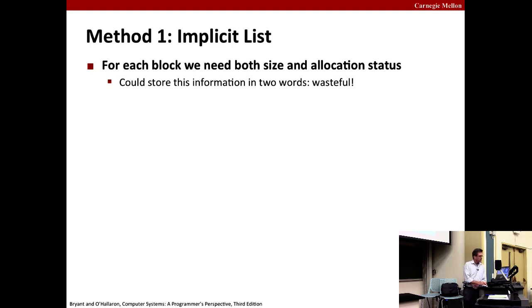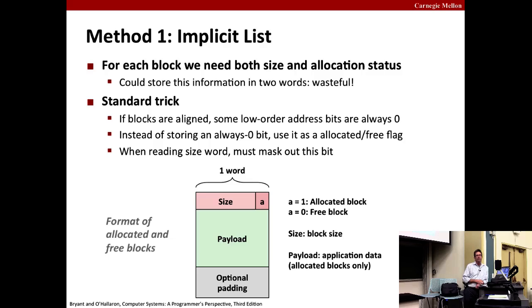With this implicit list, we're going to need both the size of the block and its allocation status, whether it's allocated or free. We could do this in 2 words, but that would be wasteful. So the standard trick is to take advantage of the fact that blocks have to be aligned. It's kind of a pain in the neck to always have to align these blocks, but we can take advantage of it in this case.